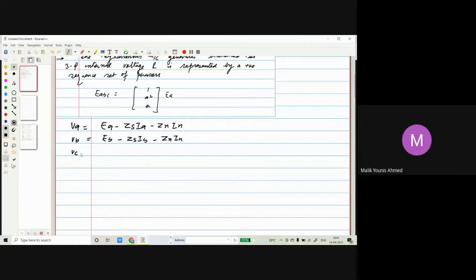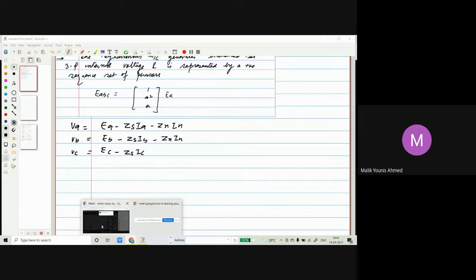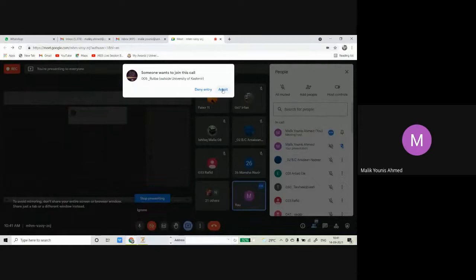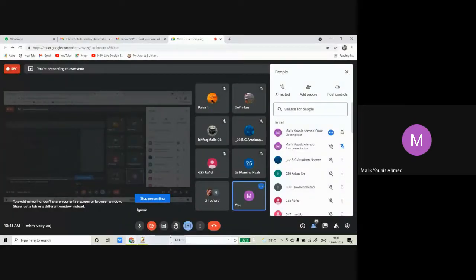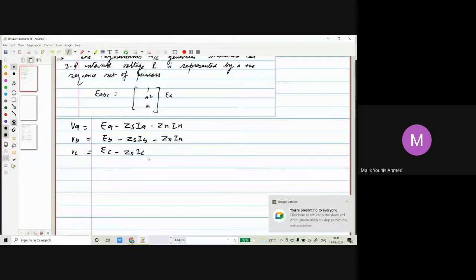And VC will be EC minus ZS IC, minus ZN IN.